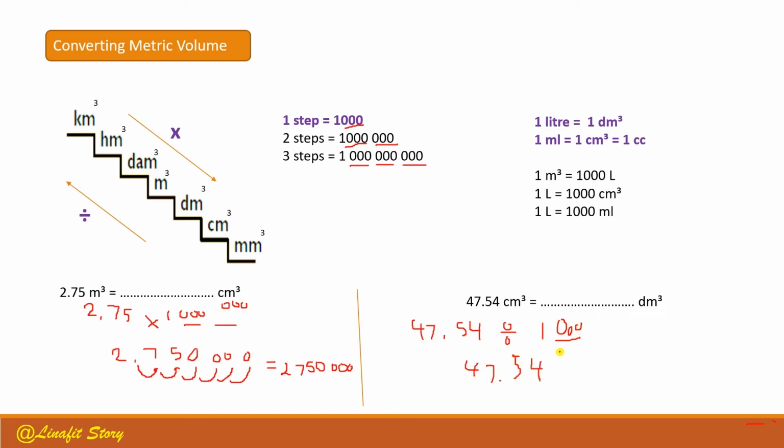How many zeros are there in 1000? There are 3 zeros. So we move the decimal place to the left 3 steps. 1, 2, 3. So the answer is equal to 0.04754.